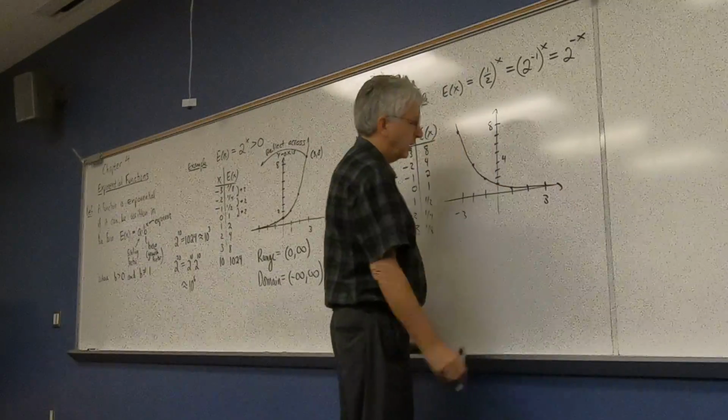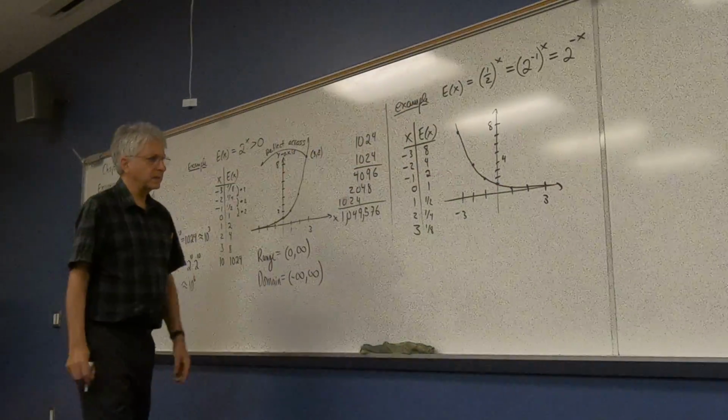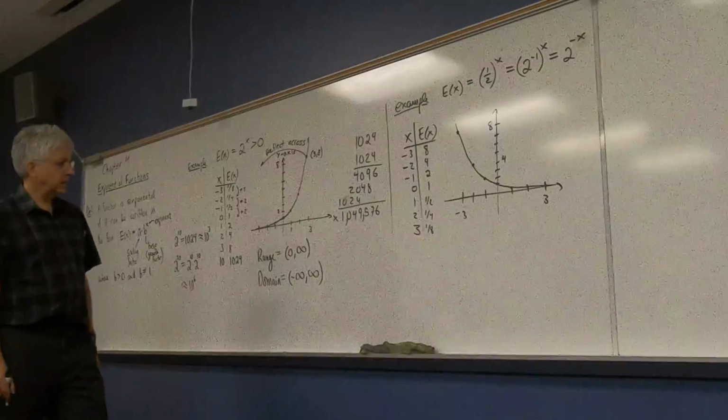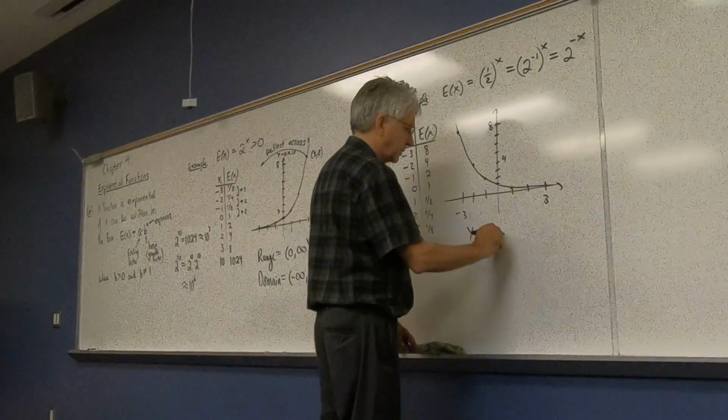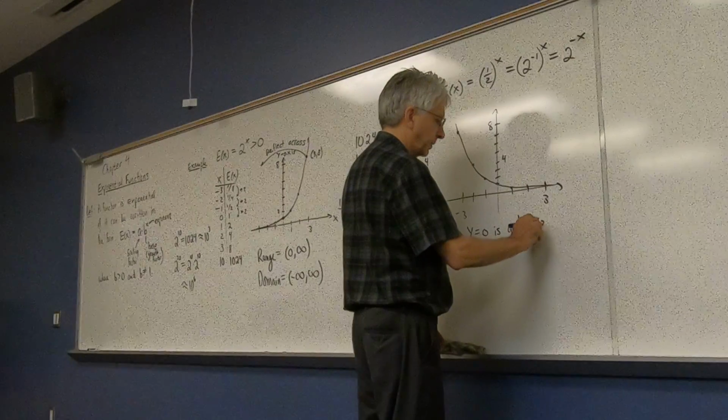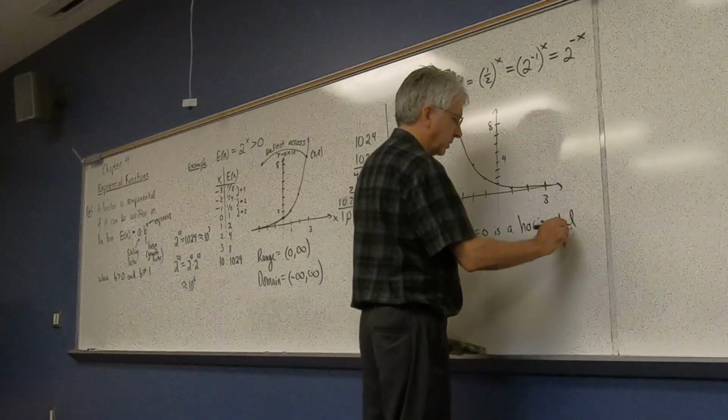And approaching the x-axis asymptotically, right? So you notice that y equals 0 is a horizontal asymptote for this. So you never get to 0, right?